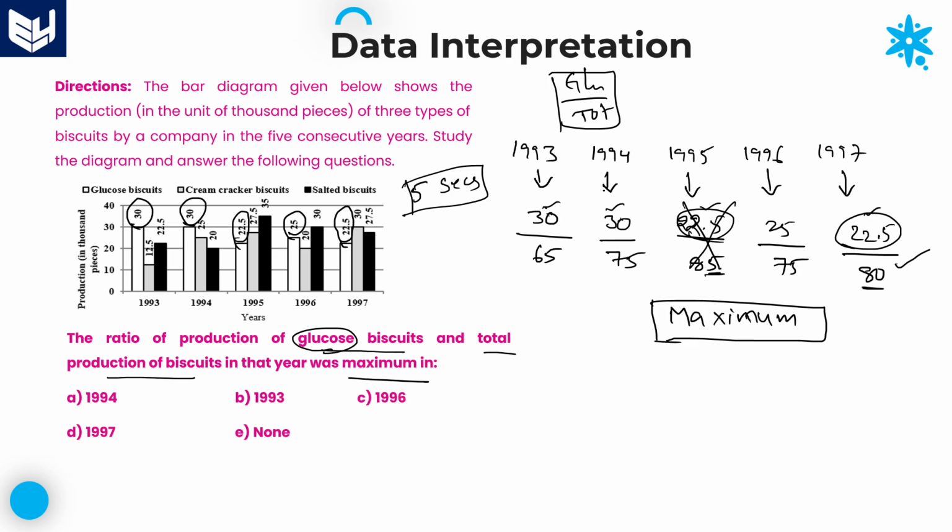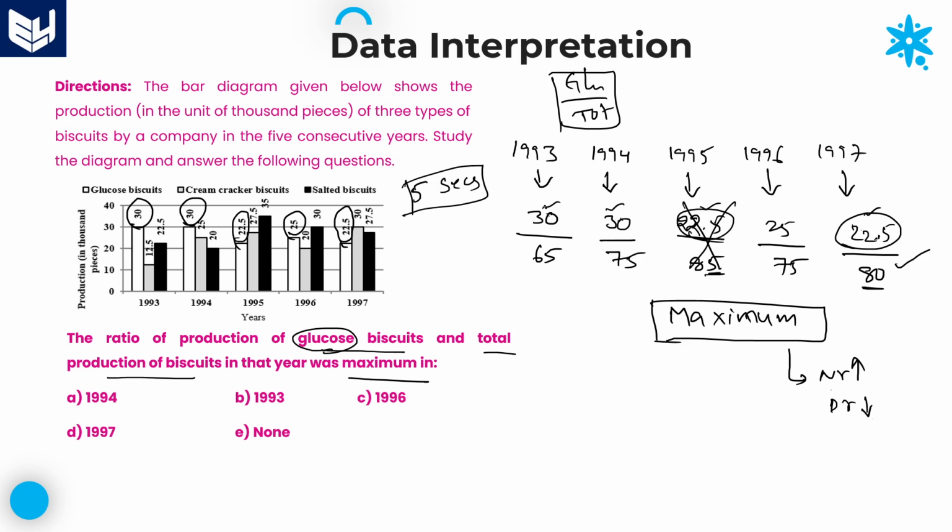Why? Because any fraction is maximum if the numerator is maximum and the denominator is minimum. In these two fractions, as the numerator values are the same, compare the denominators. If the denominator is minimum, that is the maximum value. So I am eliminating 1995 here.